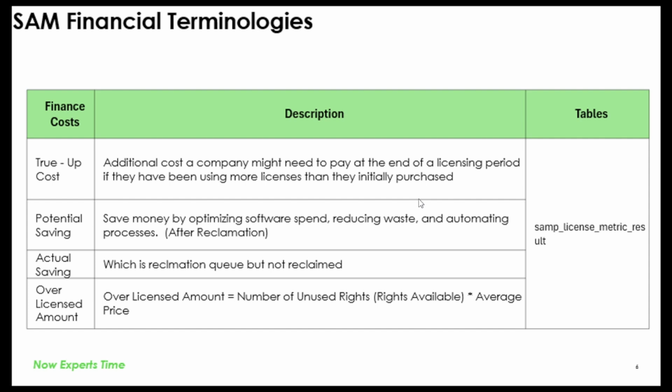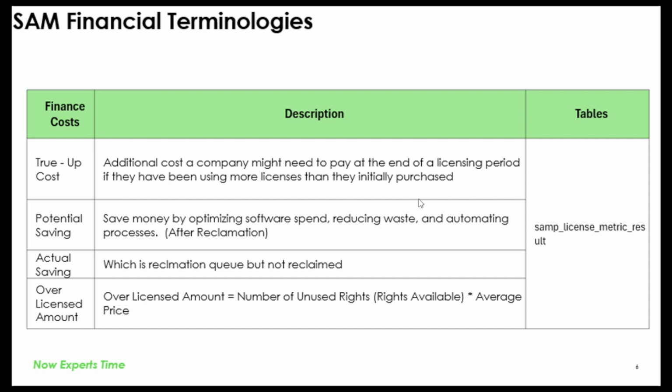To answer this question, true up cost is the right terminology. You purchased 1000, but unfortunately our business consumed 1500 licenses. For that 500, how much the business needs to pay the publisher is derived in true up cost.